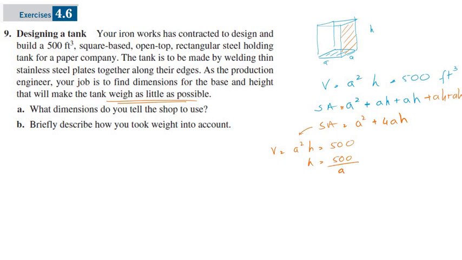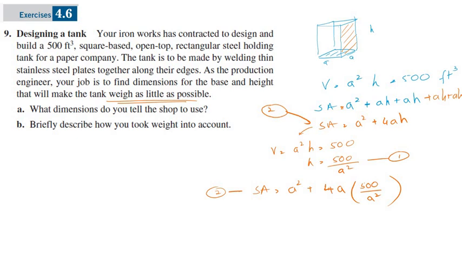So if we substitute this into the surface area, we get SA equals A squared plus 4A, and instead of H we put 500 over A squared.